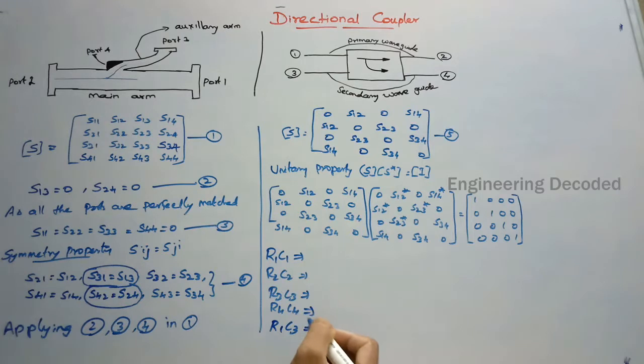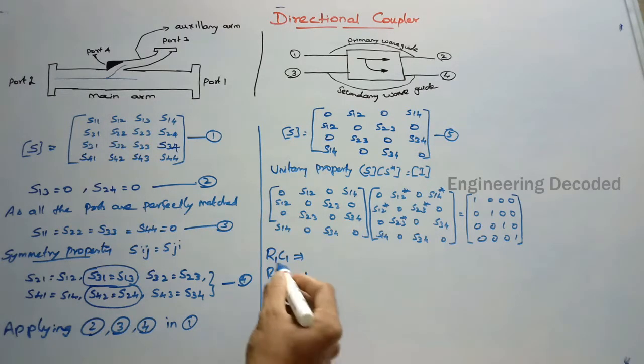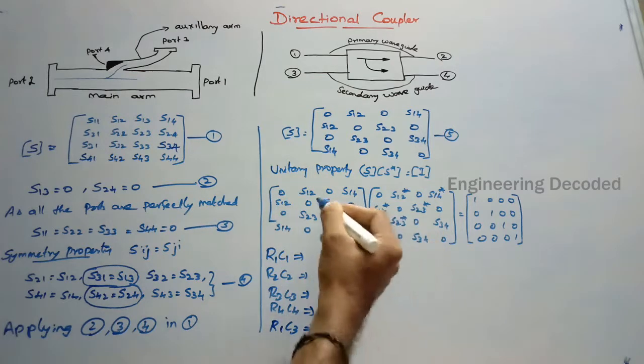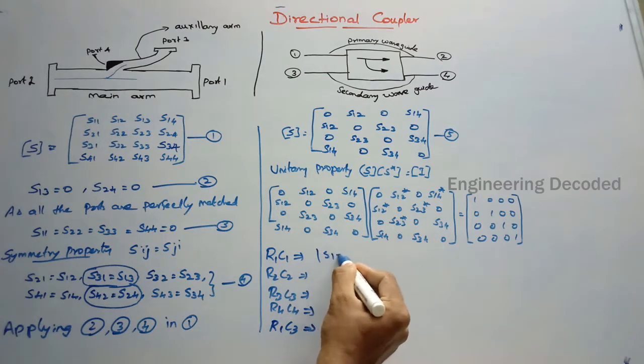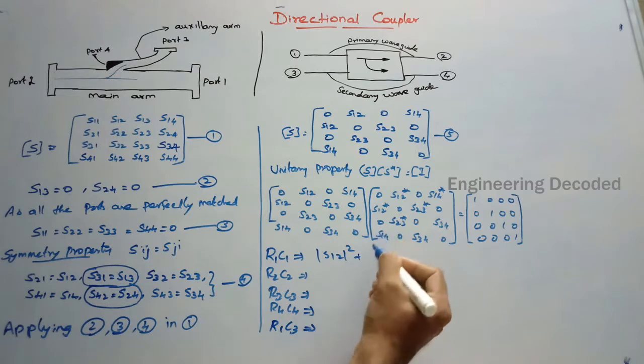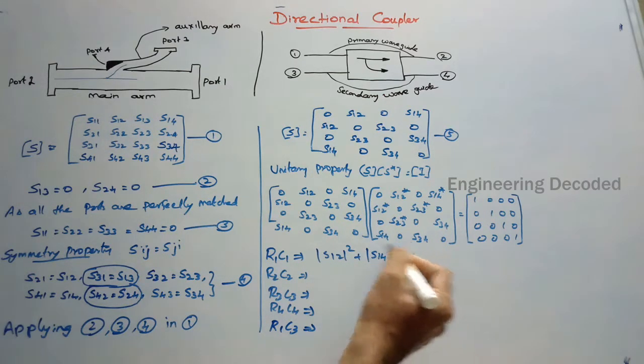So from these 5 equations we can find out the unknowns. R1C1, first row into first column: modulus of S12 square plus modulus of S14 square is equal to 1.